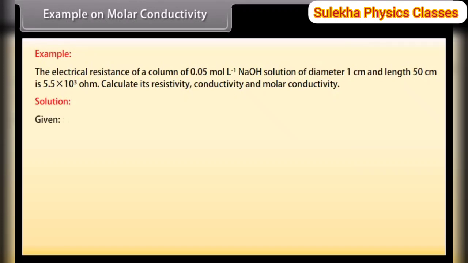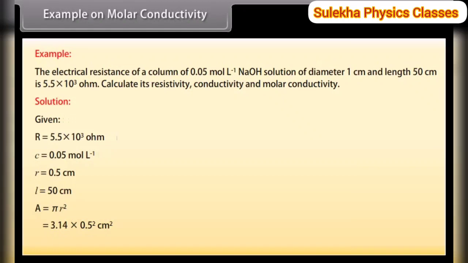Here the given values are R is equal to 5.5 into 10 raised to the power 3 ohm, C is equal to 0.05 mole per liter, r is equal to 0.5 centimeter, L is equal to 50 centimeter. We know that area is equal to pi r square. By putting the values we get area is equal to 0.785 centimeter square.